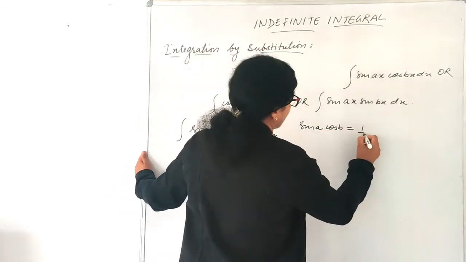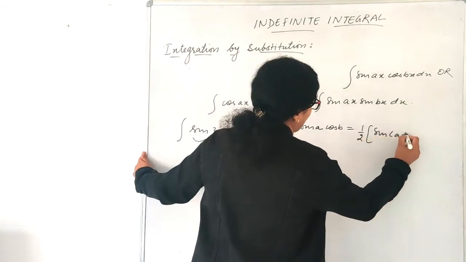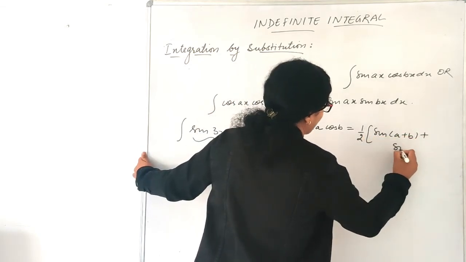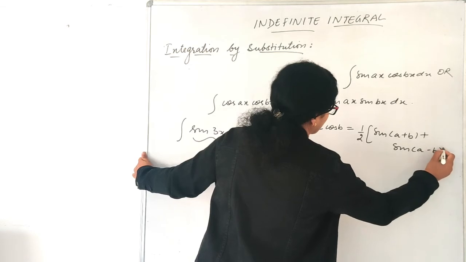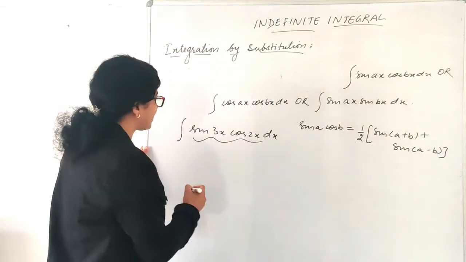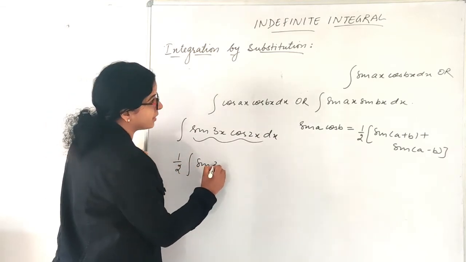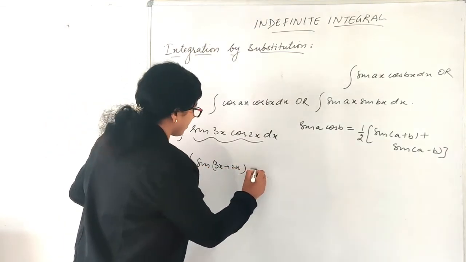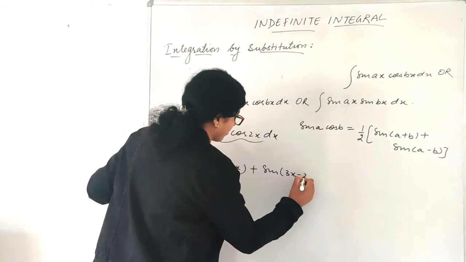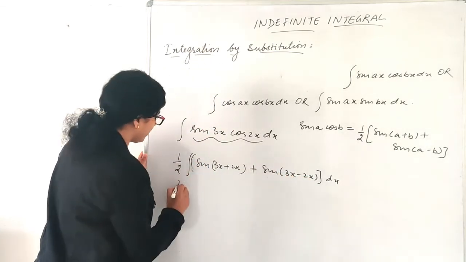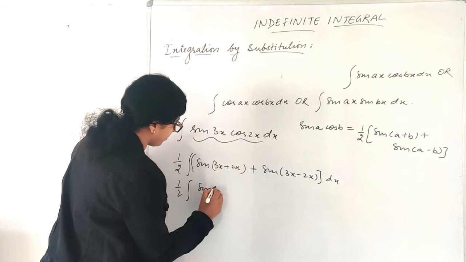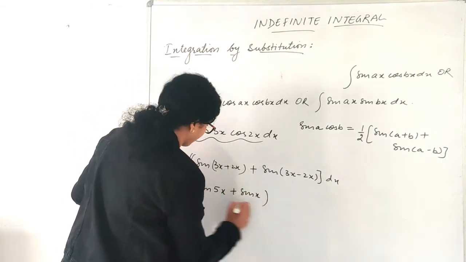It is 1 by 2 (sin(A plus B) plus sin(A minus B)). Is that clear? So let us substitute that formula. What are we getting? 1 by 2 (sin(3x plus 2x) plus sin(3x minus 2x)). So 1 by 2 (sin 5x plus sin x) dx.